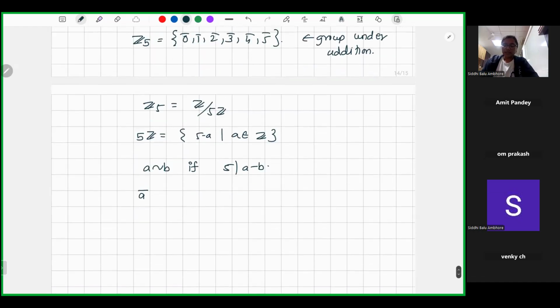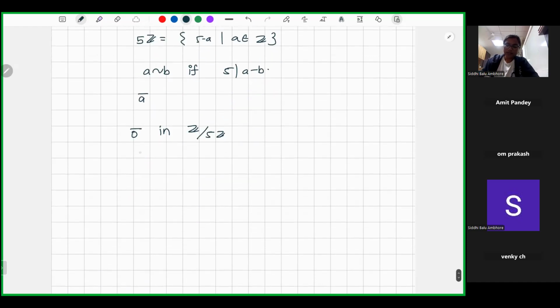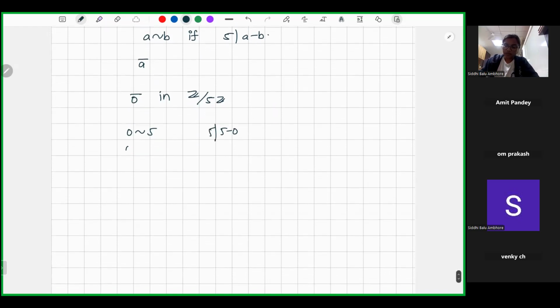When I write 0 bar in Z mod 5Z, it means all these elements. 0 is related to 5 because 5 divides 5 minus 0. 0 is related to 10 because 5 divides 10 minus 0.